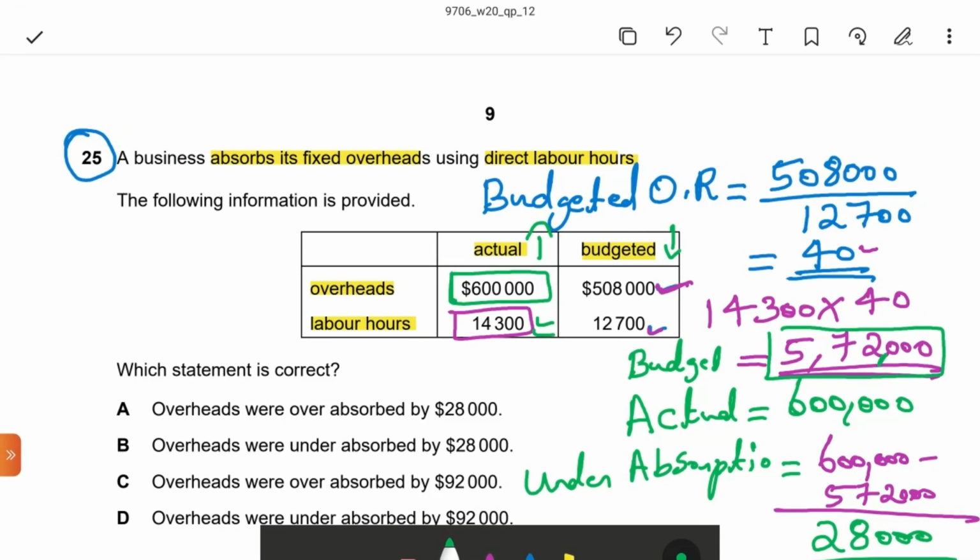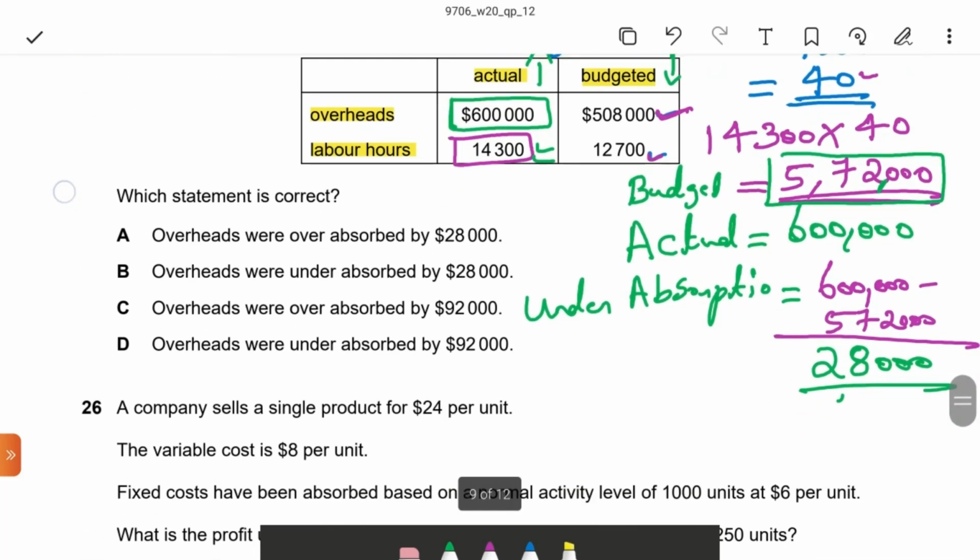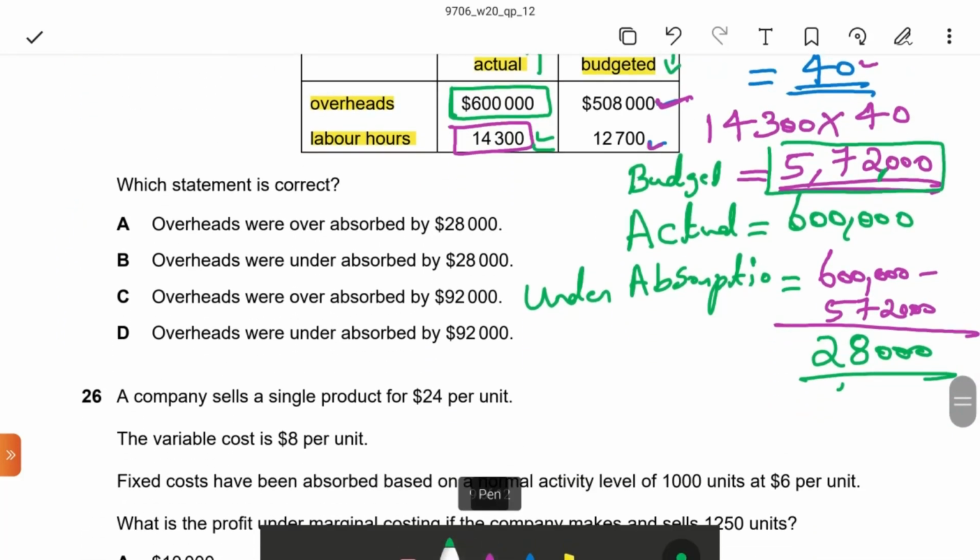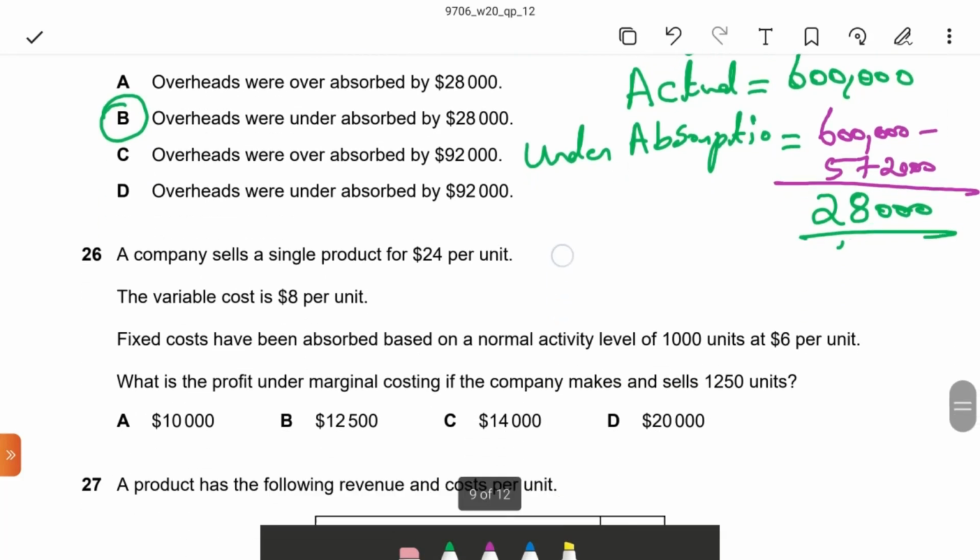So the correct answer is overhead was underabsorbed by 28,000. Option B is the correct answer.